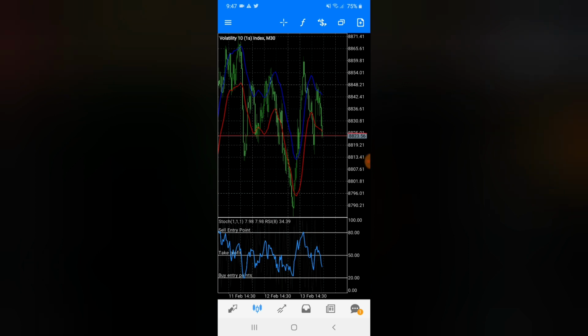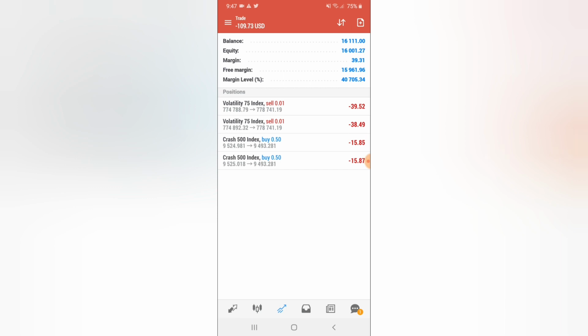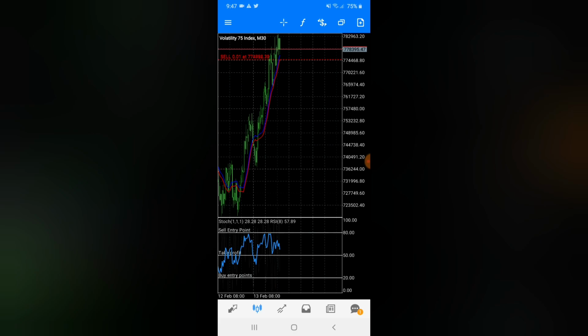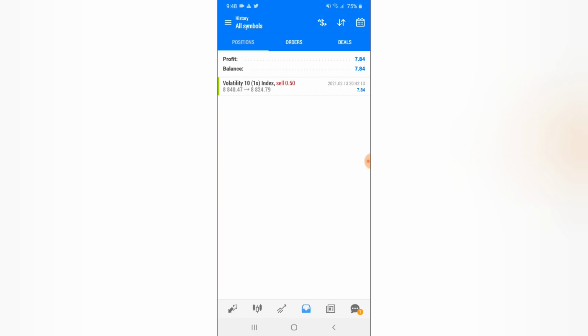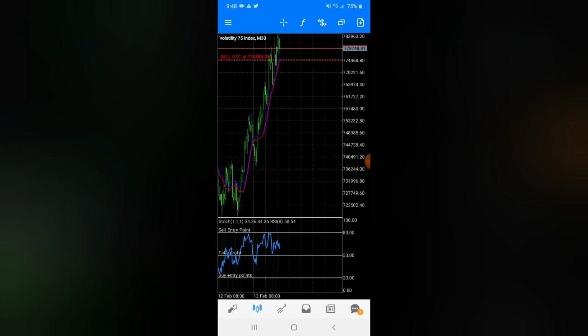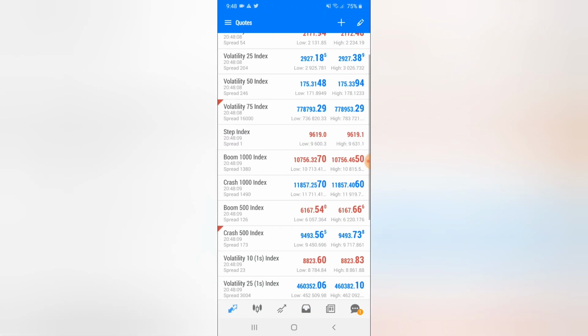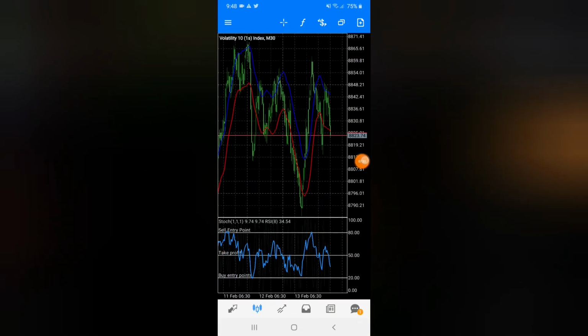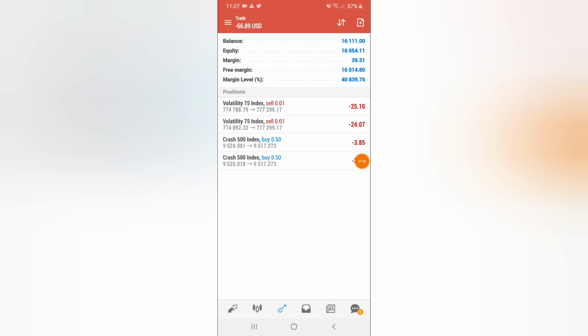But as you can see right now, the 1s has hit our take profit at the support parameter, and V75 and Crash 500 are running in loss. You can see TP has been hit, so price action saved us this time, even though we decreased our winning possibilities because we were not with the strategy, of course.